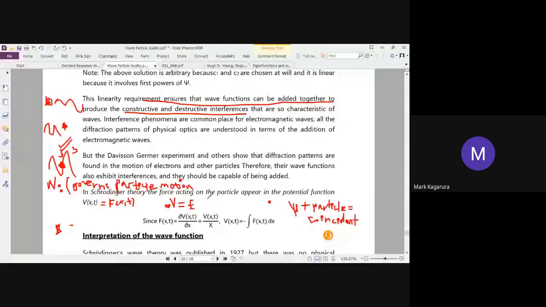And then that means that, what does this mean?